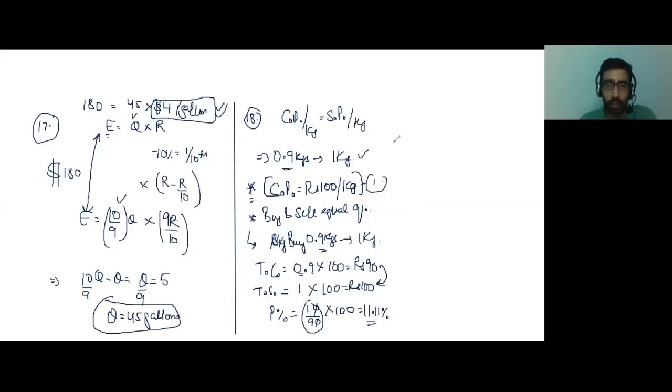What you could also have done, if you saw through the question, is directly understand that the shopkeeper is gaining 0.1 kg on every 0.9 kg. For every 900 grams the shopkeeper buys, he gains 0.1 kg.